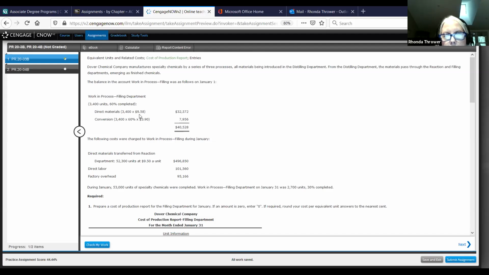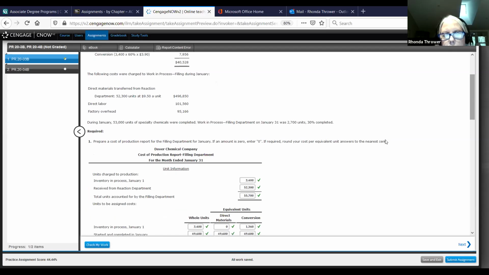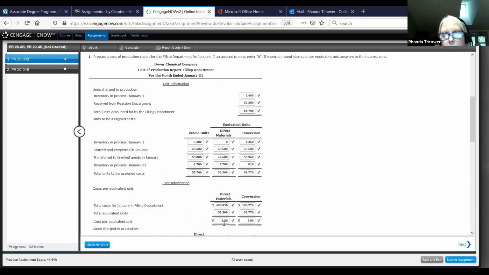You're going to compare that with your materials equivalent units in your cost of production report that you prepared this month for January. So hold this thought in your head. $9.58 was last period.